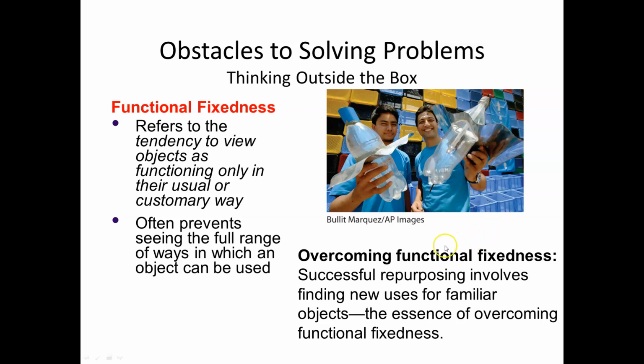So what do we do when we want to overcome functional fixedness? Basically we find new uses for familiar objects. And so we start to expand, looking for the full range of possibilities.